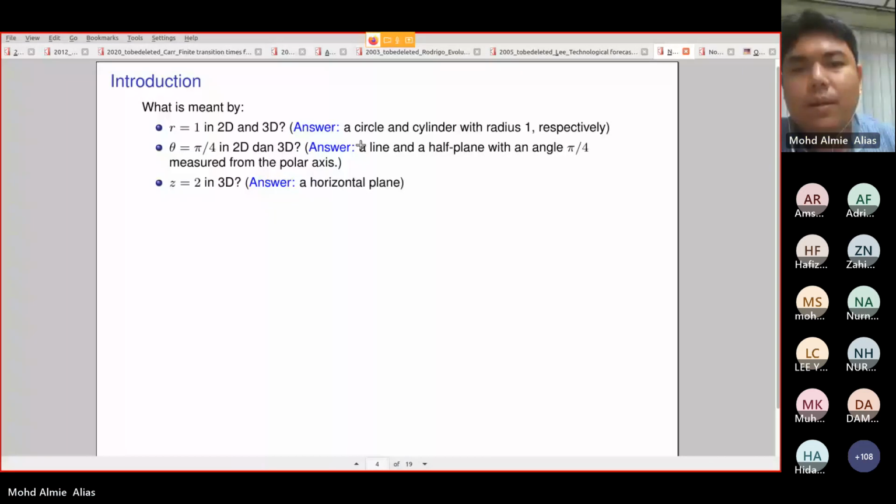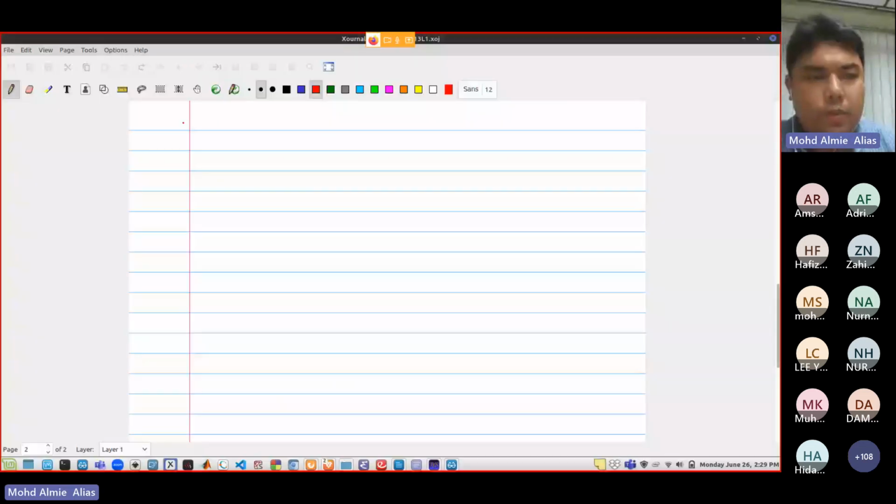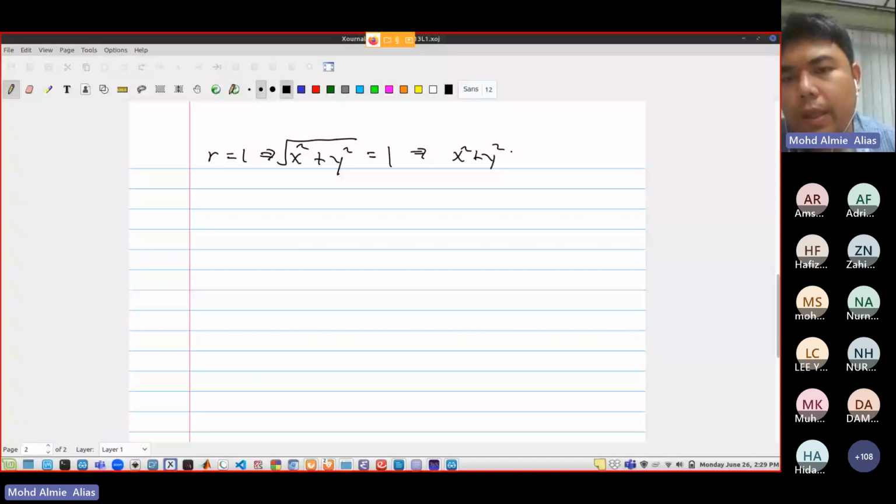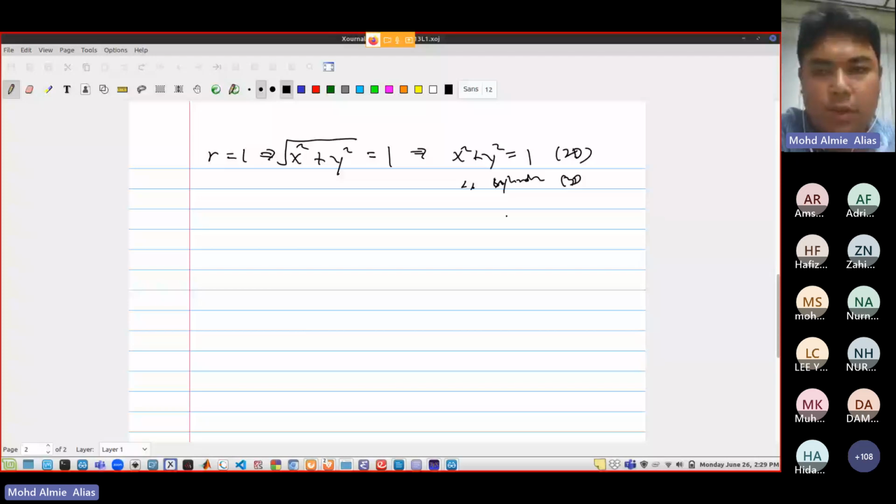But in 3D you get a cylinder with this equation, because r equals 1 is always the square root of x squared plus y squared equals 1, which is a circle in 2D, but in 3D it's the same equation, but it's a cylinder. We discussed this before, so I don't need to explain this more.